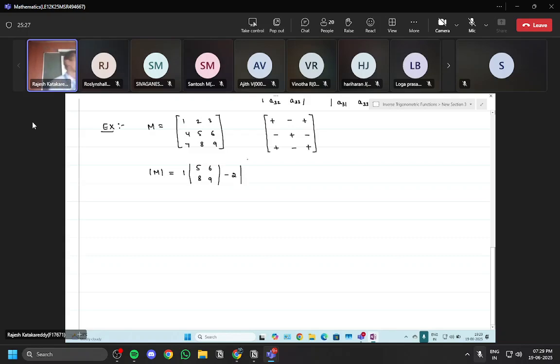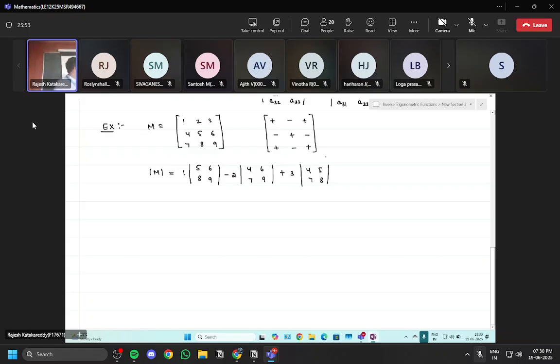Determinant of, after doing it, remove the row 1 and column 2. You have 4, 6, 7 and 9. Last, again 3 along with the sign, deleting row 1 and column 3. You have 4, 5, 7 and 8. Calculate it. Once you have an order 2 here, it is easier. For order 2, we will read as a formula.